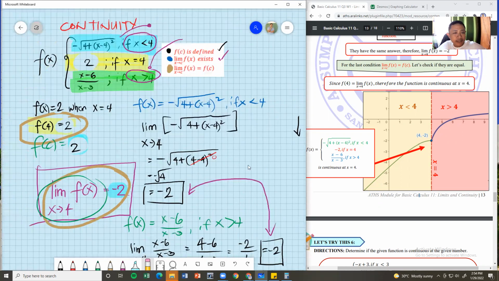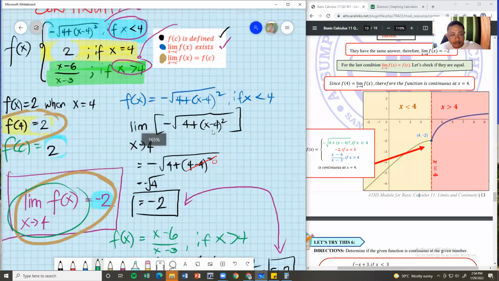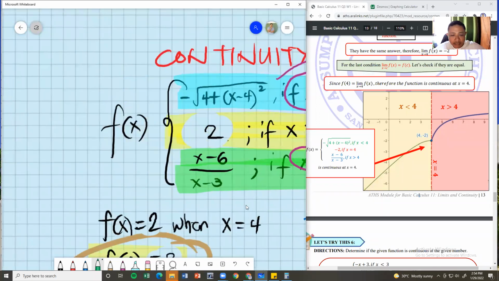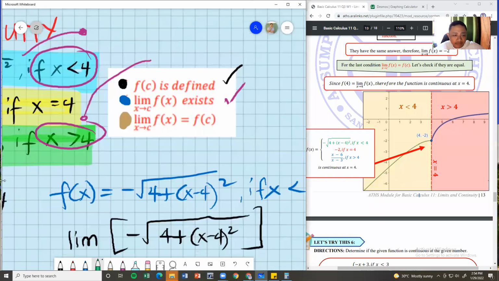If we follow this, look at this. The first condition is check. The second condition is check. However, the third one, the value of the limit should be equal to the value of your f of c.